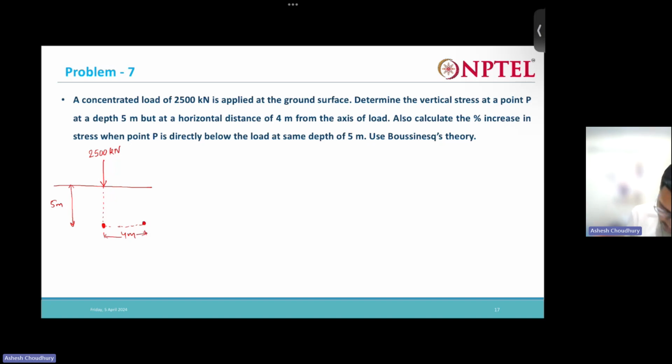So first we need to find the stress at this point P. So due to this 2500 kilonewton load, how much is the vertical stress developed at this point P?